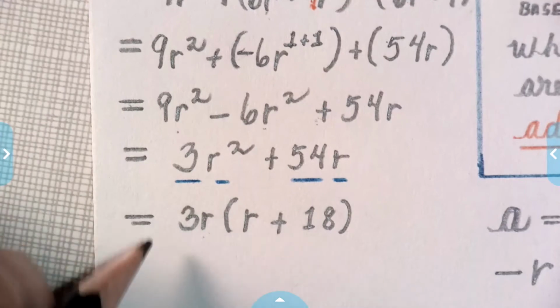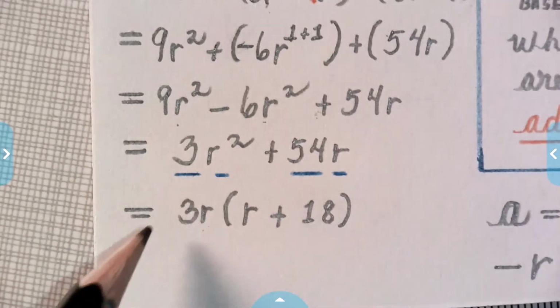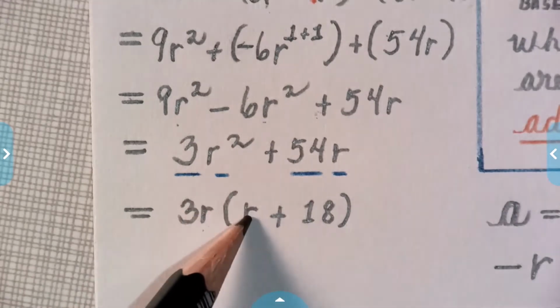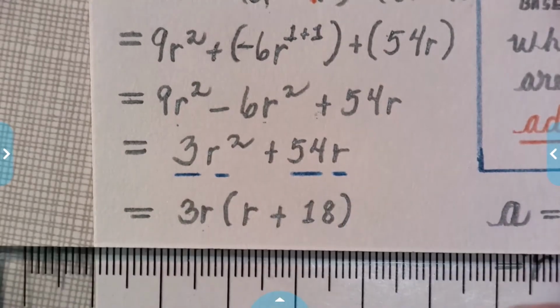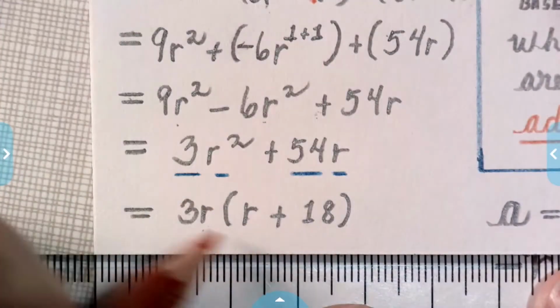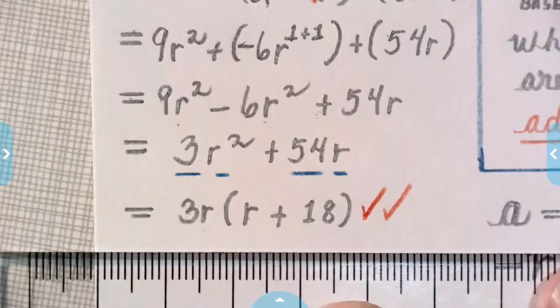So these are both equivalent. If you distributed this back in, you'd get 3r squared plus 54r. So I don't know what they want you to do. This is fully reduced. This is the one that I learned, but I'm not sure what they want you to do.